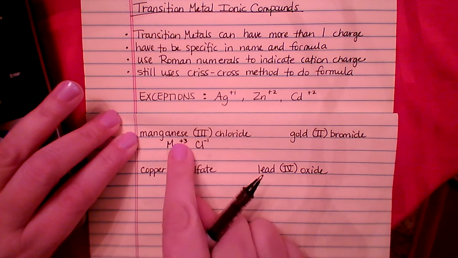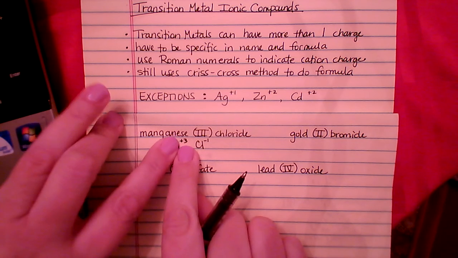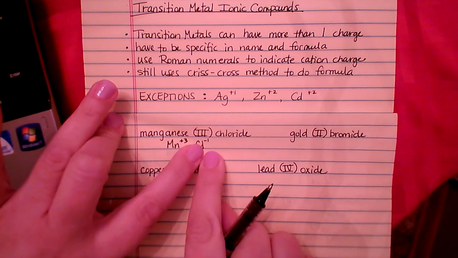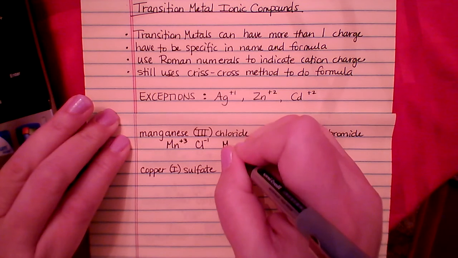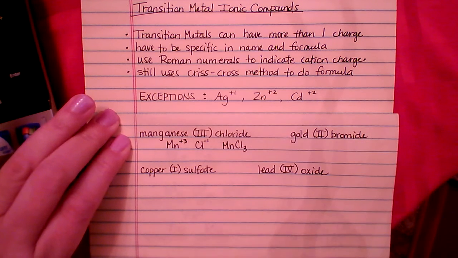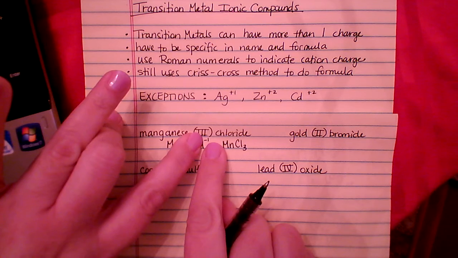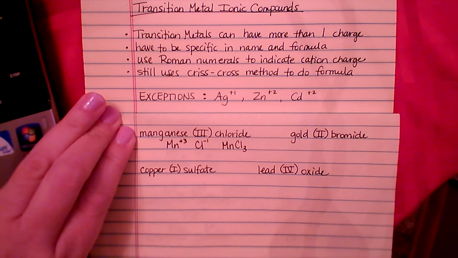So without actually drawing the arrows for the crisscross method, remember I'm going to move the +3 over and across to become the subscript on the chloride. So my final formula is MnCl3, because the -1, the 1 moves over and becomes the subscript on the Mn.